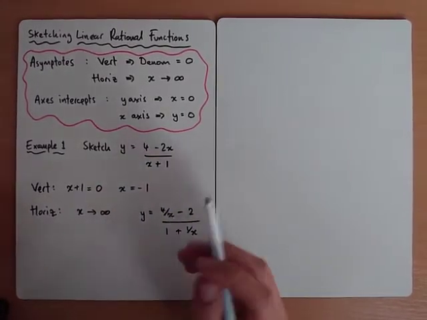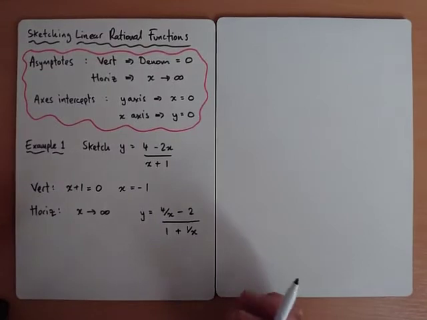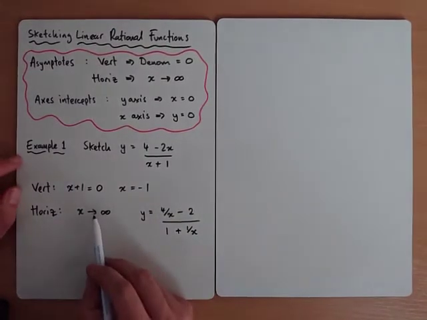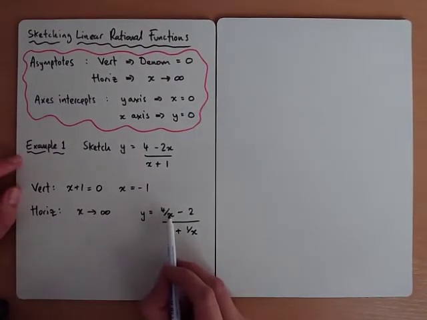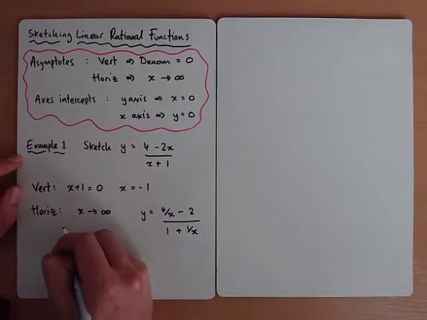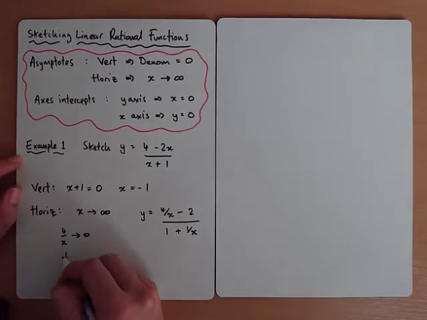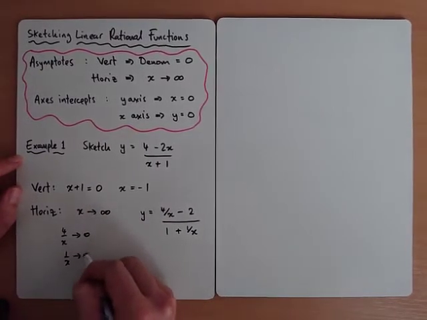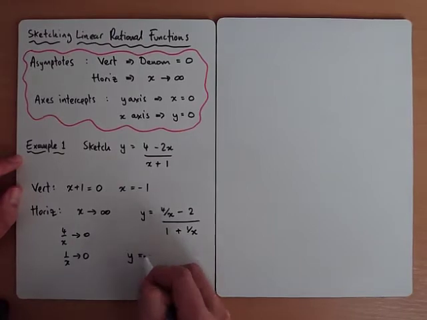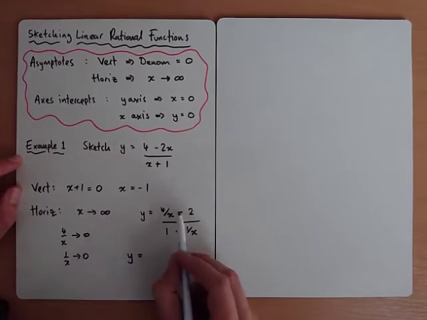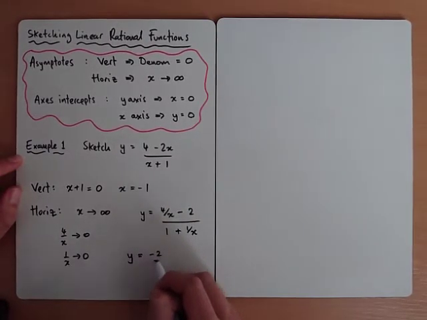Remember, you're allowed to do that because it stays the same as long as you do the same thing on the top and the bottom. Then as x gets bigger, 4 divided by something really large would tend towards 0, and 1 over x would tend to 0, so y would equal, if that tends to 0 and that tends to 0, minus 2 over 1.